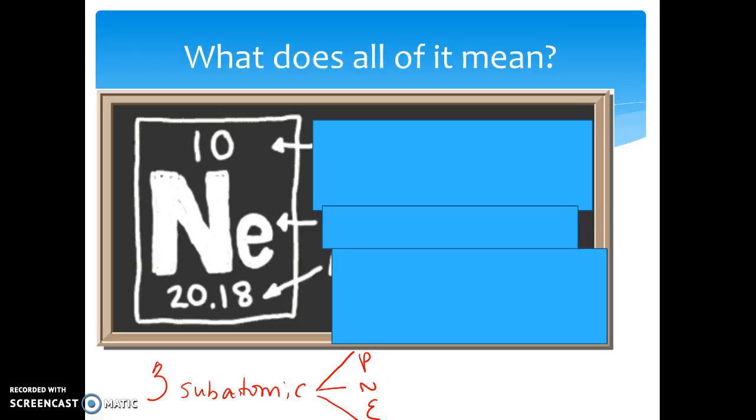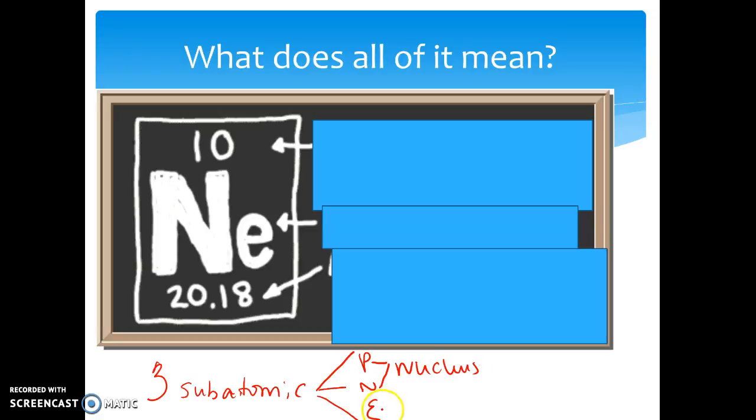I know that on your notes you had to fill out a chart, but I'm going to quickly write one of those down again just to make sure that we're all up to date. If we talk about protons, neutrons, and electrons, let's talk about where they're found. Protons and neutrons are both found in the nucleus.